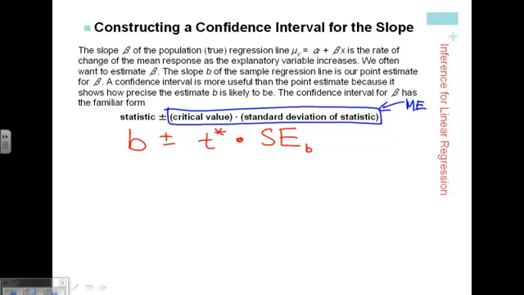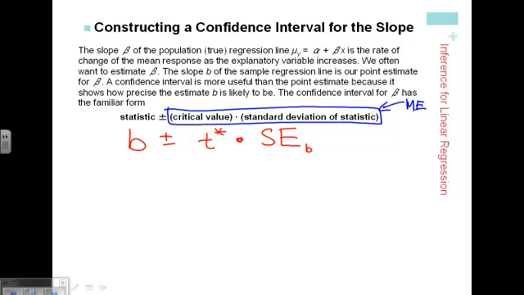Answer: it depends on what critical value we use, because the critical values are based on confidence level. On what conditions can we use this formula? Unbiased, independent, linear, equal variances, normal. The same conditions that we talked about earlier.